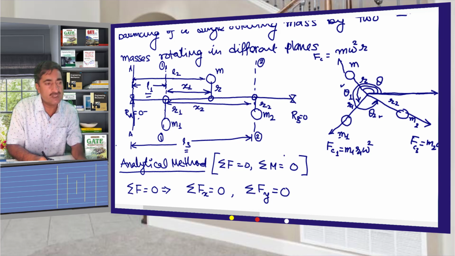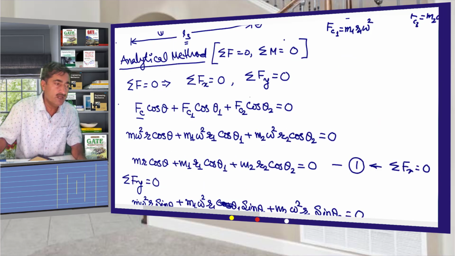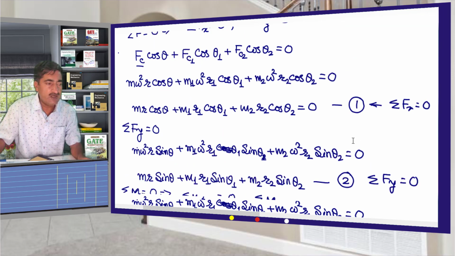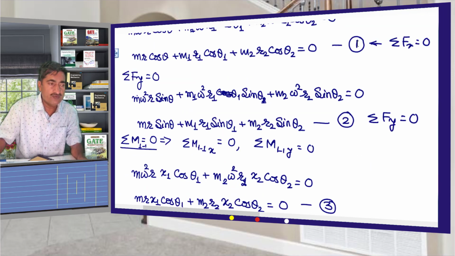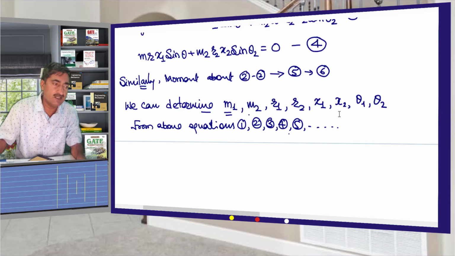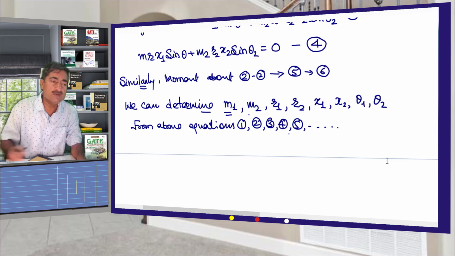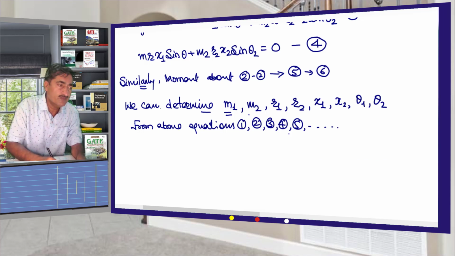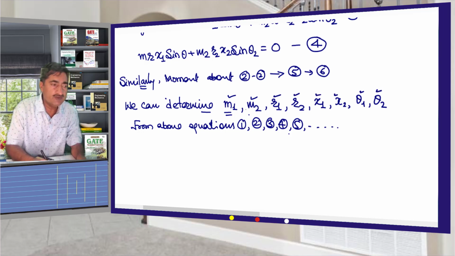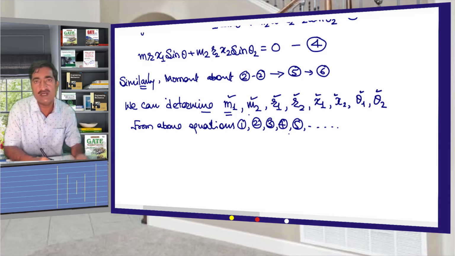There are 6 equations and static 1 and 2. So 6 plus 2 means 8. Means 8 unknowns can be calculated, 1, 2, 3, 4, 5, 6, 7, 8, by 8 equations.